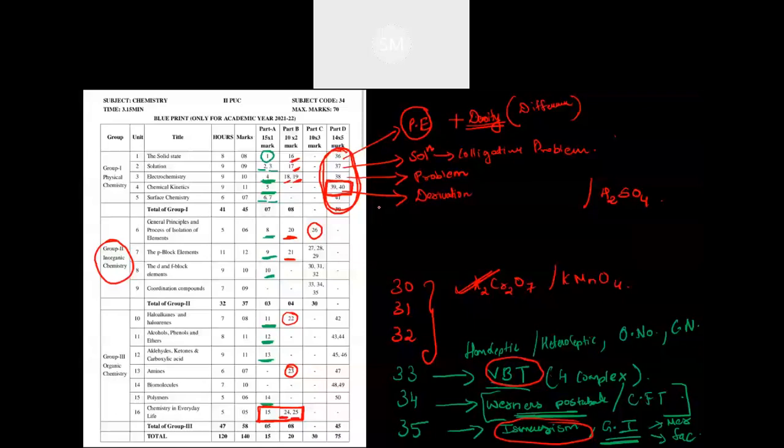In surface chemistry, if they are asking, most of the time it will be differences. Difference between physisorption and chemisorption, or absorption and adsorption, or they can ask you lyophilic and lyophobic.